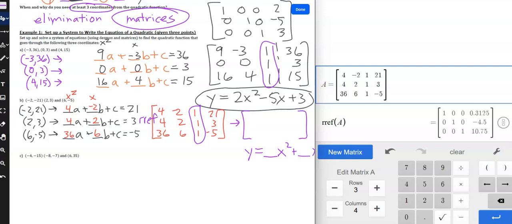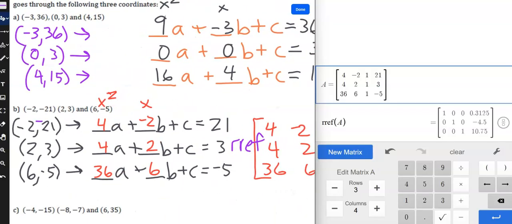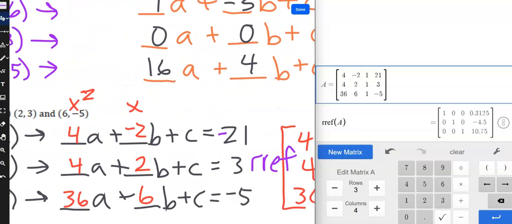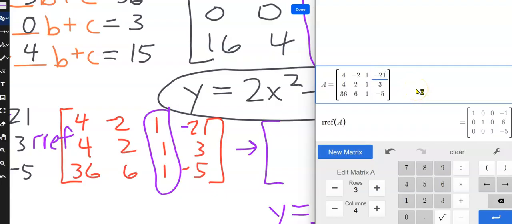Oh, I caught a mistake. Couldn't copy down the negative. Ooh, glad we caught that. That threw everything off, didn't it? Because now, it looks so beautiful.